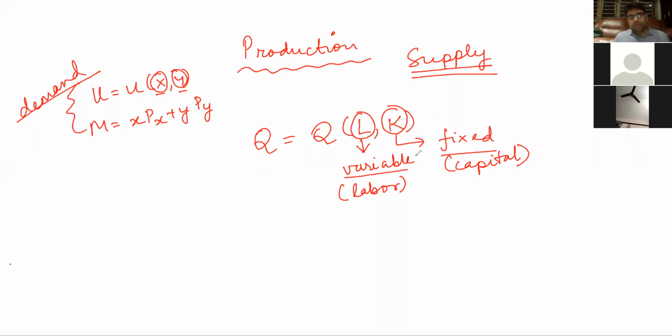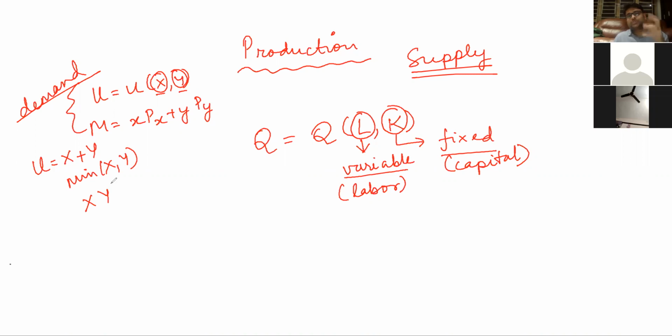Okay, now as we had the utility function, the production function is very similar to that in terms of the concept. The utility function used to take various forms. It could have been of the form of a perfect substitute. It could have been of the form of a perfect complement. It could have been of the form of a Cobb-Douglas utility function.